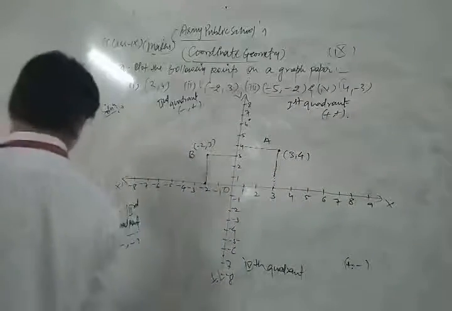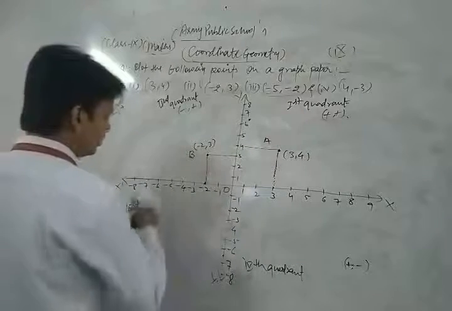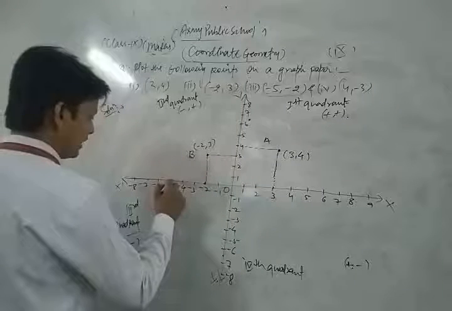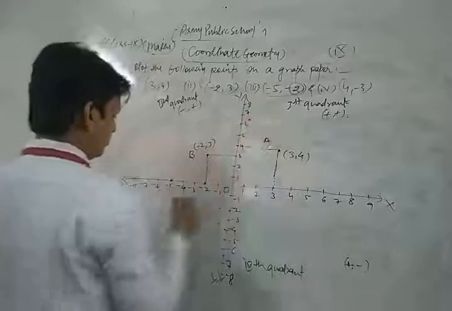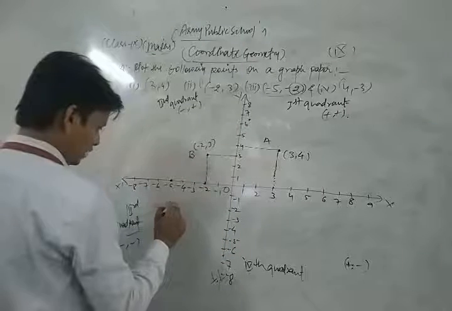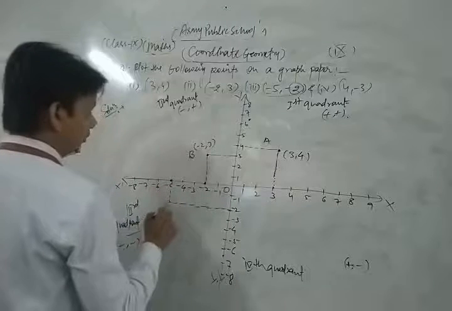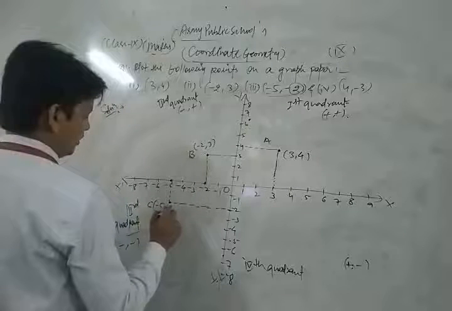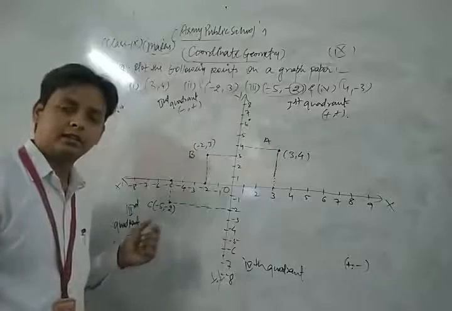The abscissa is minus 5, so we go to minus 5: 1, 2, 3, 4, 5 on the negative side. Now the ordinate is minus 2, so minus 2 is on this side. Suppose that point C, which is (-5, -2), lies in the third quadrant.